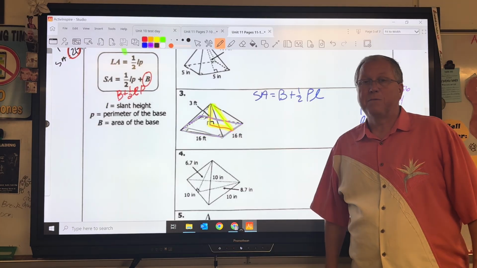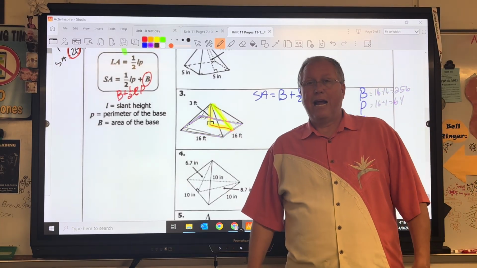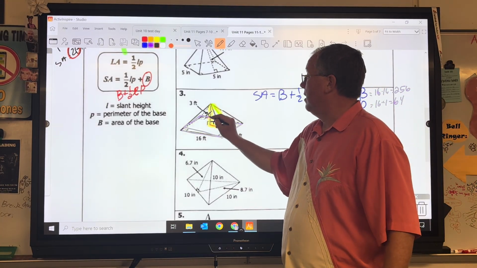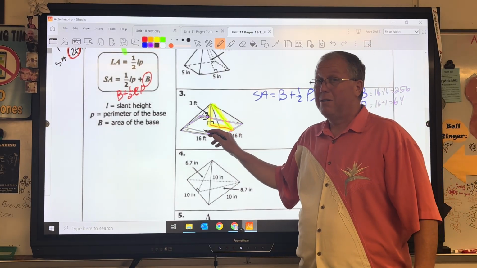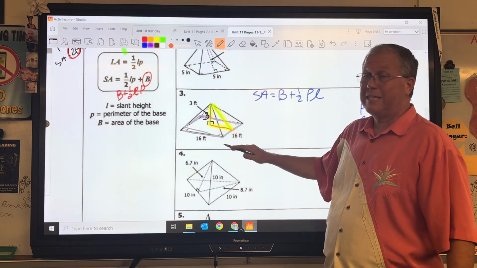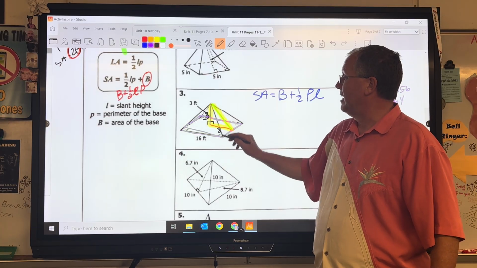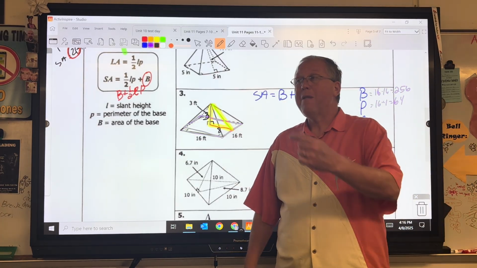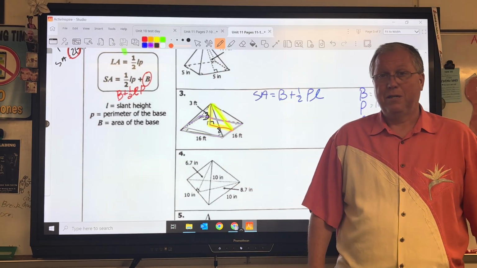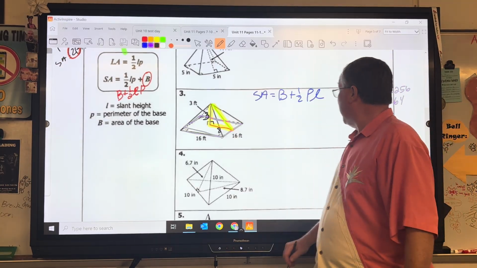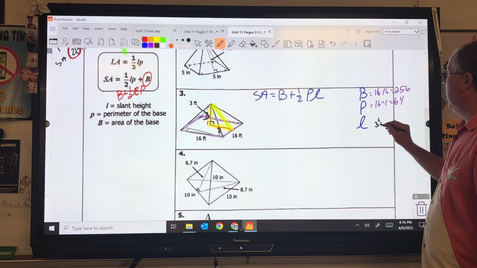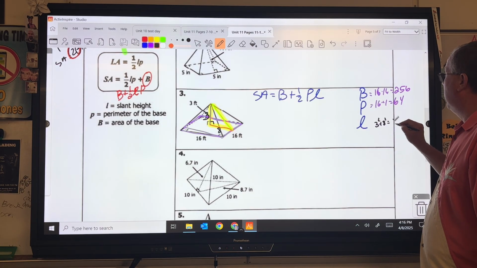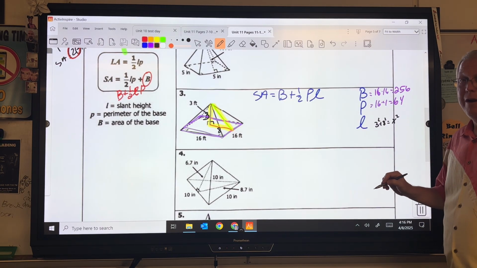So Mr. Marks, how am I supposed to find the slant height? Well, you know this part's 3, and this comes straight down in the middle. So if the whole length was 16, this part is 8. I can now find my hypotenuse. To get my slant height, I go 3 squared plus 8 squared equals my slant height squared.